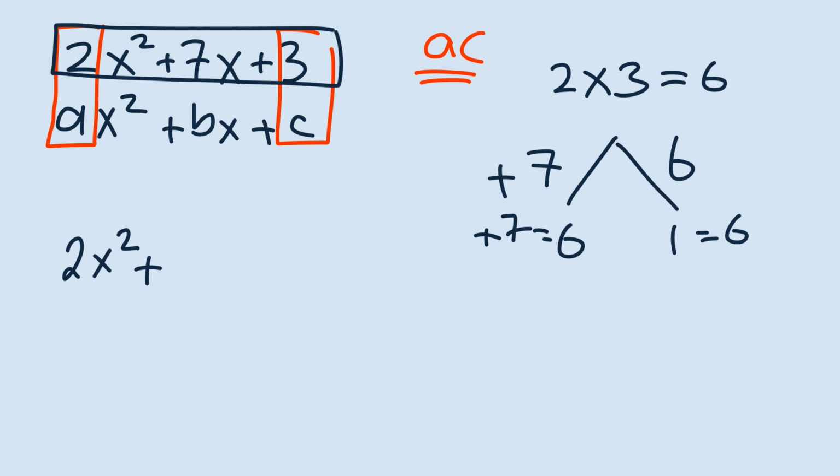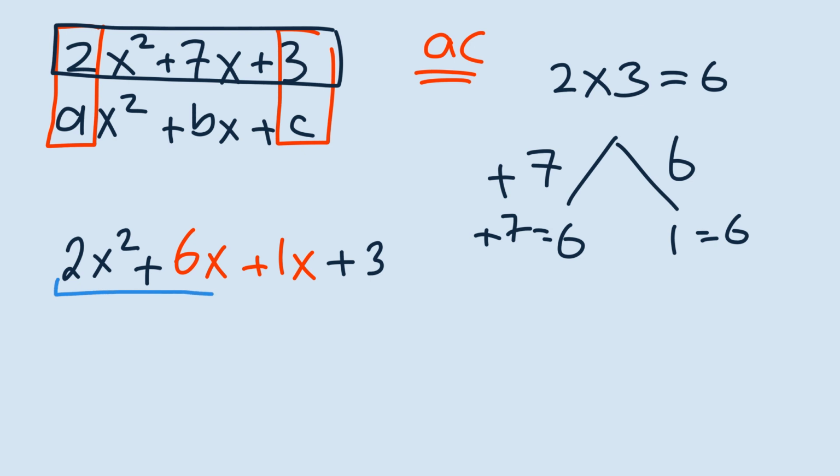We have to write 6x plus 1x plus 3. Okay, so again, 2x squared, which is this. Now instead of writing 7x, I will have to write 6x plus 1x plus 3, which is this.